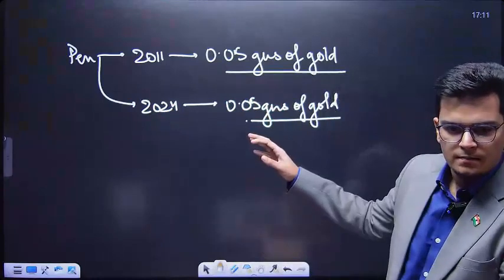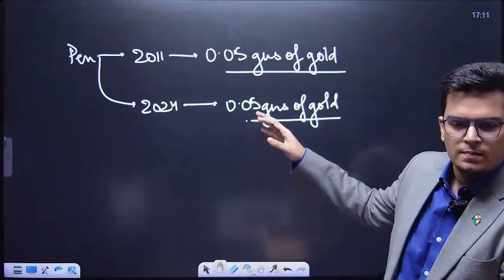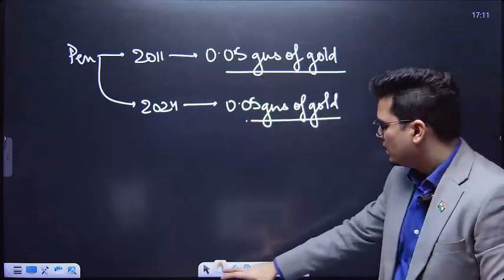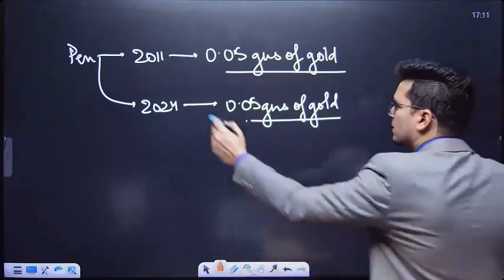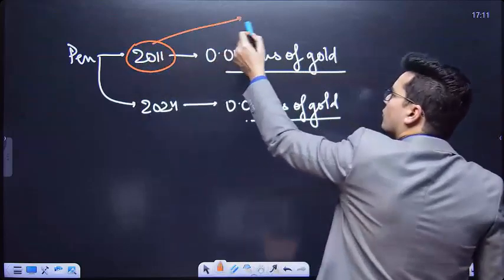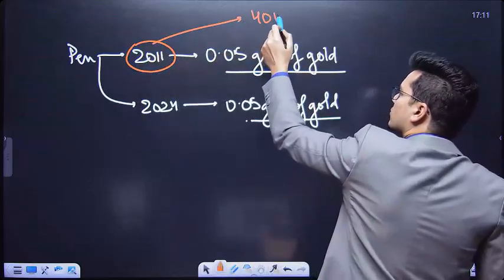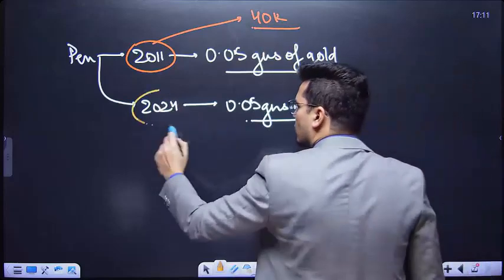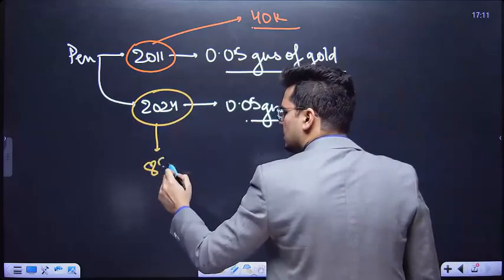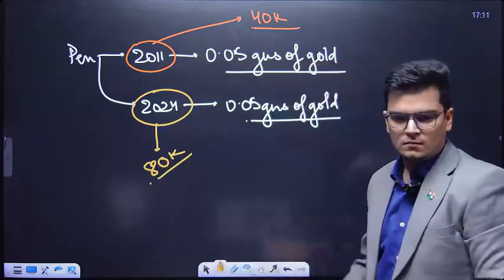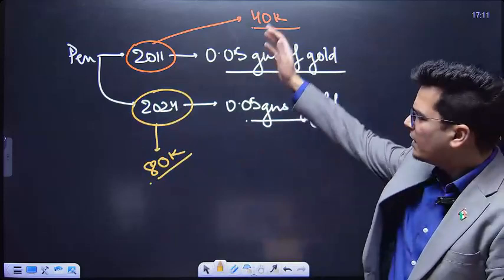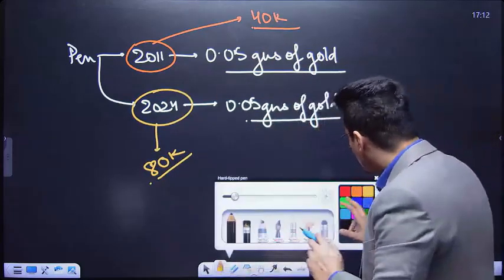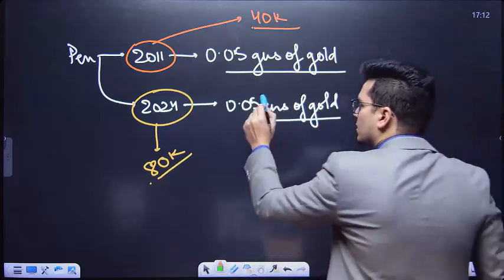So let's say this is what is happening. In 2011 the value of gold was, let's say, 40,000 rupees. In 2024 the value of gold is 80,000 rupees. Okay, let's assume that for now. Now there is no change in the quantity.